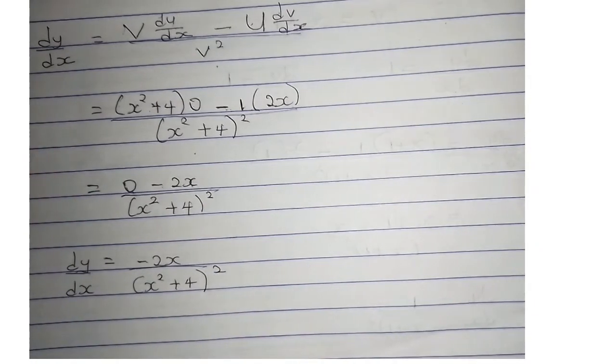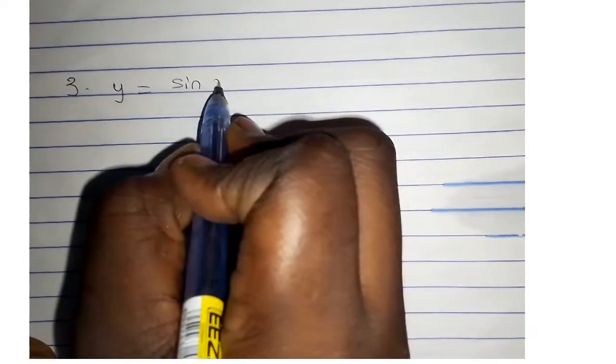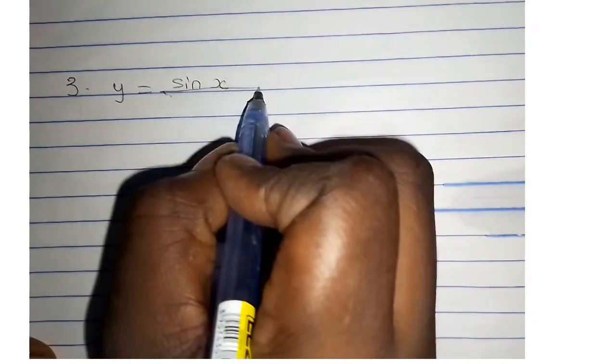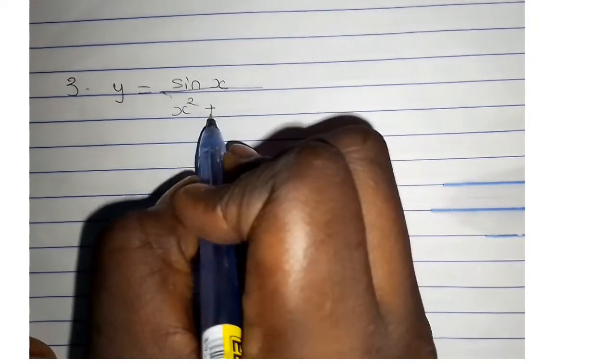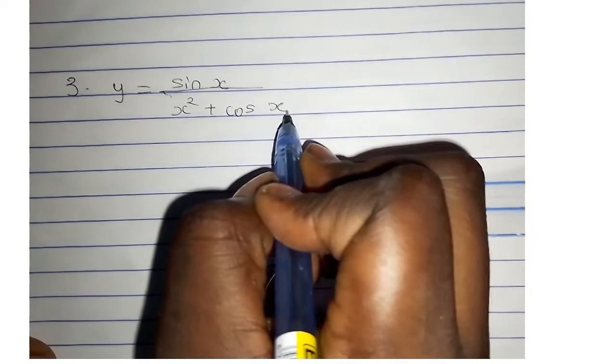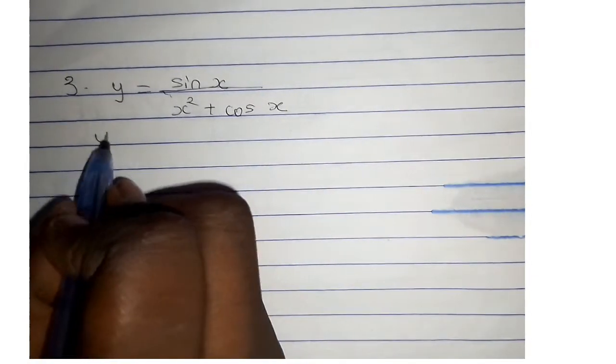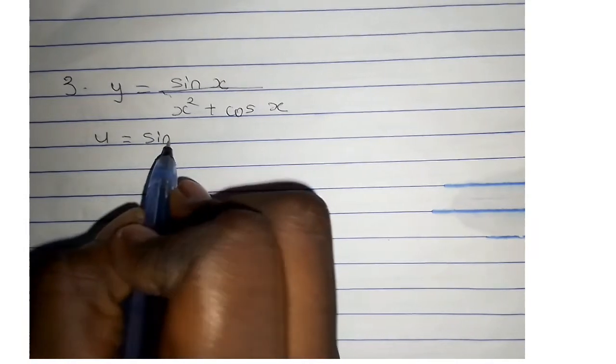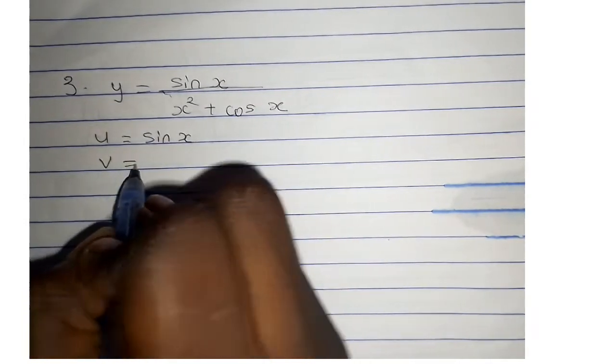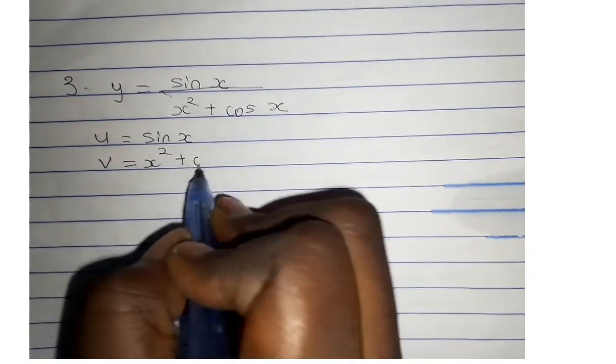And we're going to take another example which involves trigonometry. So we're given a question, y is equal to sine x all over x squared plus cos x. So our u is equal to sine x, then v is equal to x squared plus cos x.